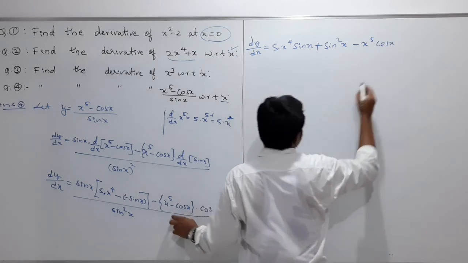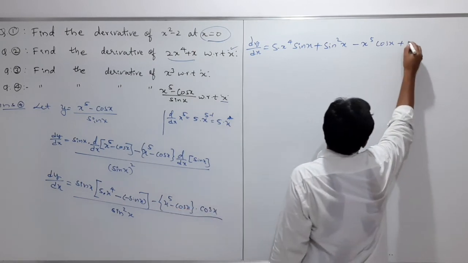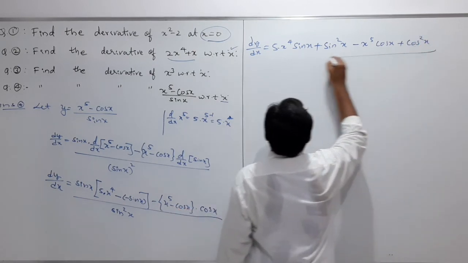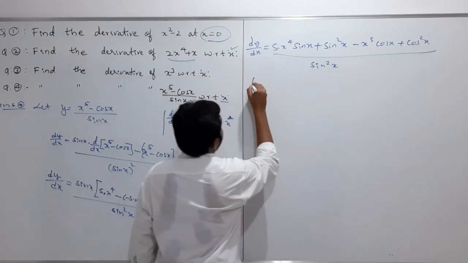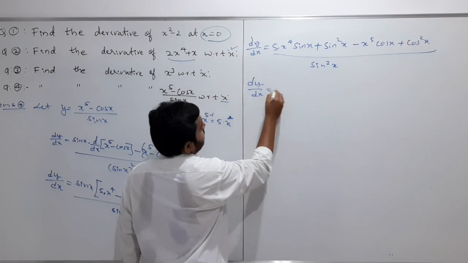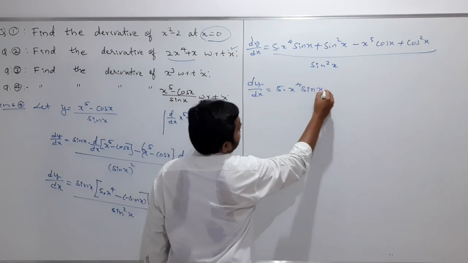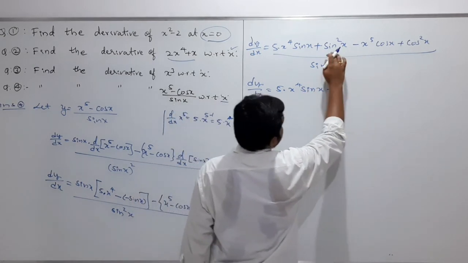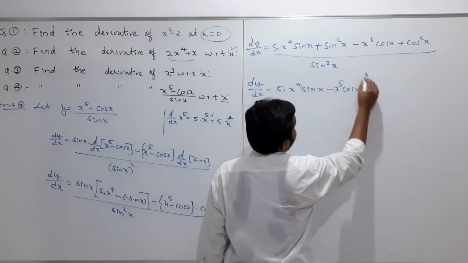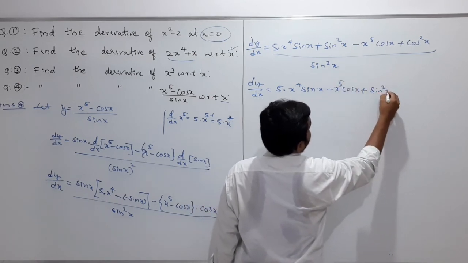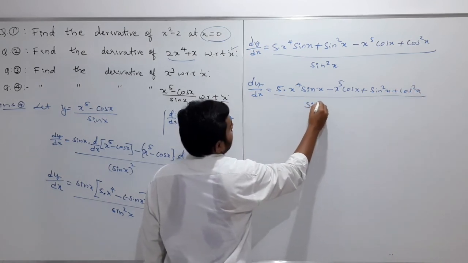Next, minus plus minus plus, cos x into cos x is cos square x, whole divided by sin square x. And now here it is dy by dx is equals to 5 into x to the power 4 sin x minus x to the power 5 into cos x plus, sin square x plus cos square x, whole divided by sin square x.